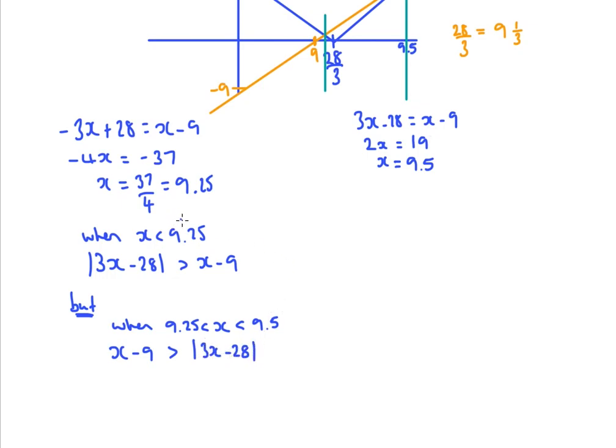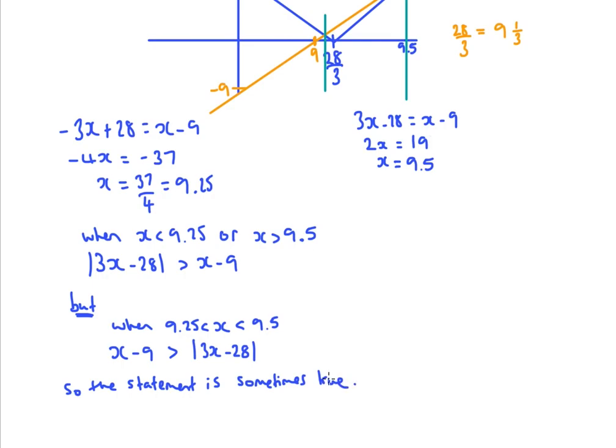So it's sometimes true when x is less than 9.25 or greater than 9.5, the 3x minus 28 modulus function is bigger, but when it's between these two numbers, x minus 9 is the bigger one. So the statement is sometimes true.